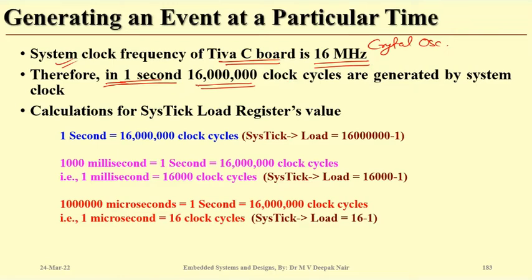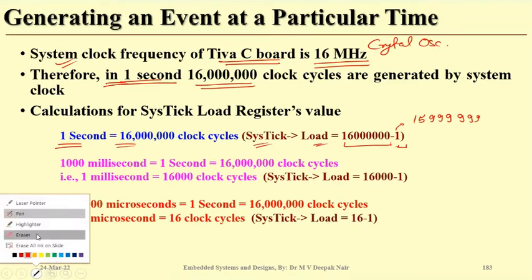Remember, because counting starts from 0, the maximum number you can load to the SysTick timer is 16 into 10 to the power 6 minus 1, which is 15,999,999. This way we can use the SysTick timer.